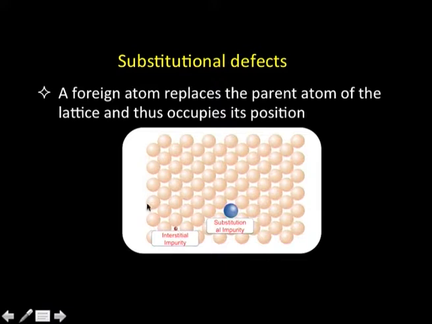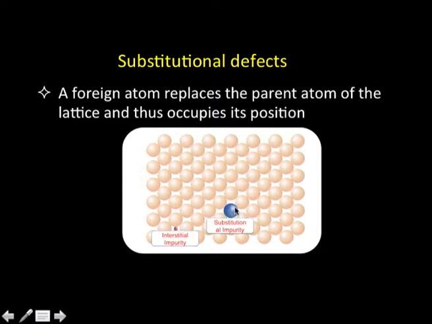We had a lattice wherein a given foreign atom has come and replaced a given atom of the lattice. This is called a substitutional defect or impurity. Sometimes the foreign material comes and occupies some kind of an interstitial site. This is called an interstitial impurity. And this is called a substitutional impurity.